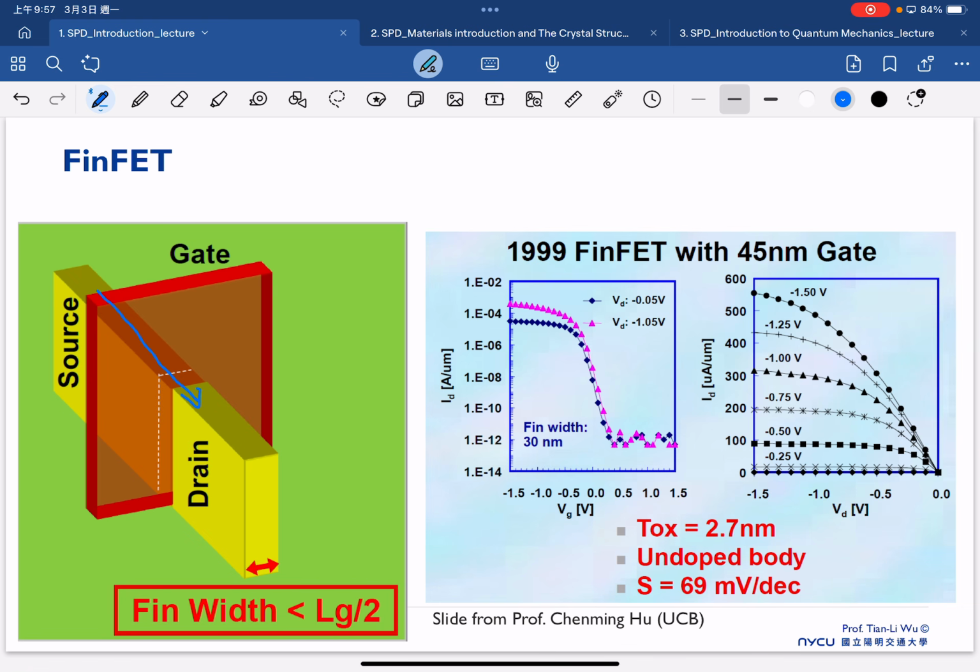Also, the current can flow from the sidewall channel here. So that's the idea for the FinFET. The FinFET was first demonstrated in 1999. But at the moment, you can see this is not the typical transistor that I illustrated. This is actually a P MOSFET.